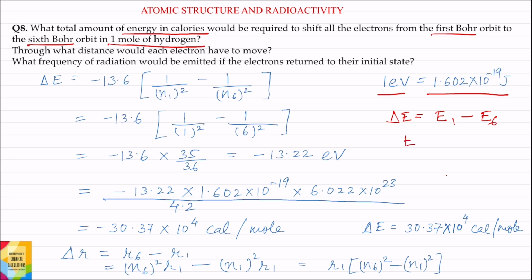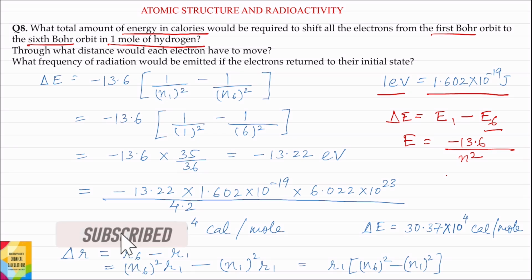The formula for energy is minus 13.6 divided by n square. This is for hydrogen, for which the atomic number is 1. So E1 will be equal to minus 13.6 divided by 1 square, and E6 will be equal to minus 13.6 divided by 6 square.